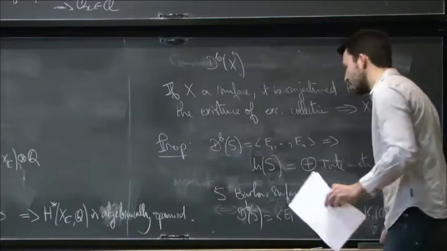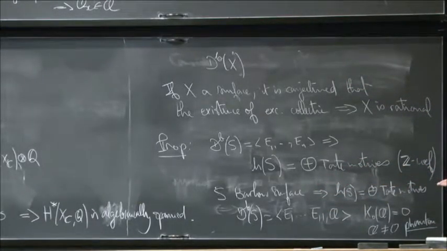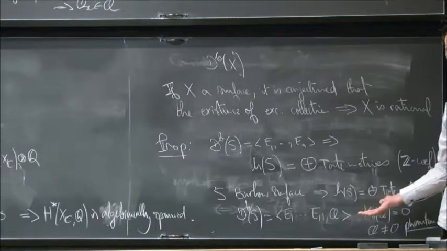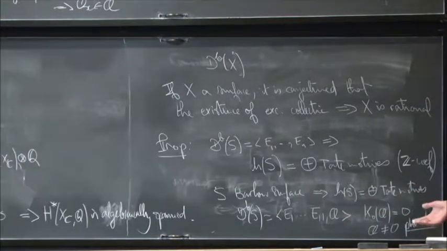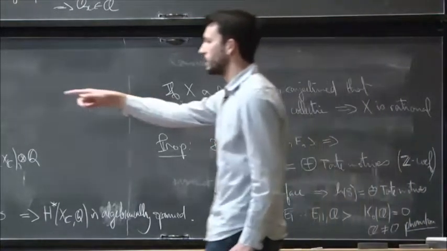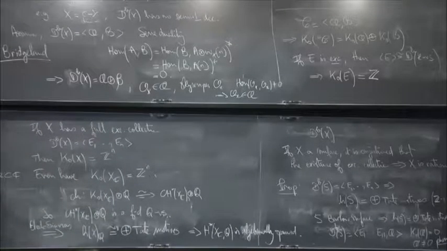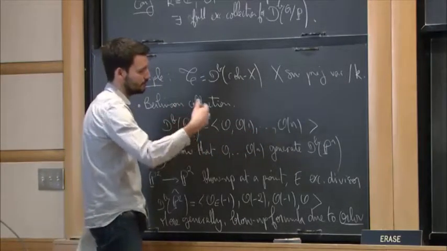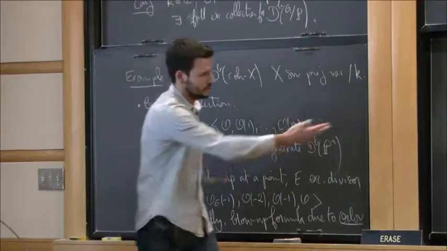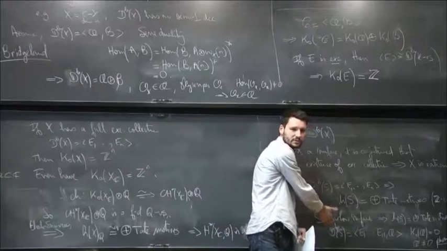So this doesn't quite prove that the Barlow surface doesn't have a full exceptional collection. It proves that there's one where there's a phantom left. I mean, you can't say that. For example, in the case of projective space, in the case of a Beilinson collection, we know that all exceptional collections are basically spanned by this one, by the group action given by mutations. But in those cases, it's not clear whether this implies that there's no full exceptional collection.